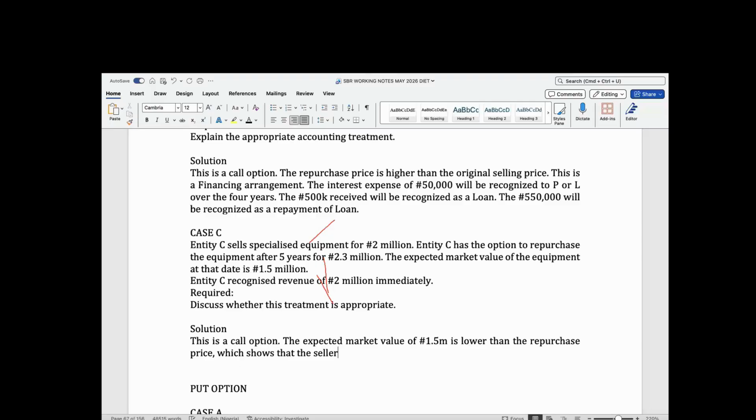Okay, let me give you an opportunity to talk. In this case, does the seller have a significant incentive to exercise, or does it not have a significant incentive to exercise, and why? Who can explain that to us?